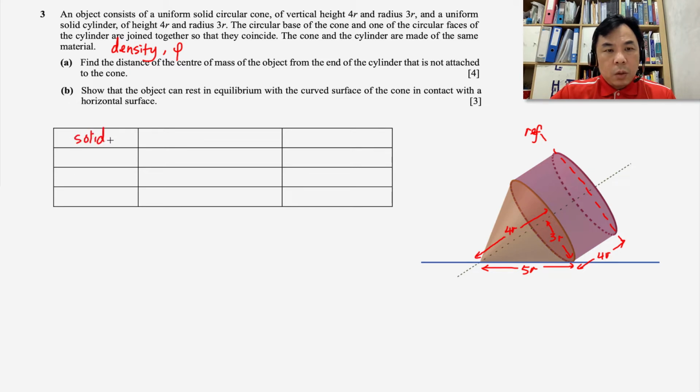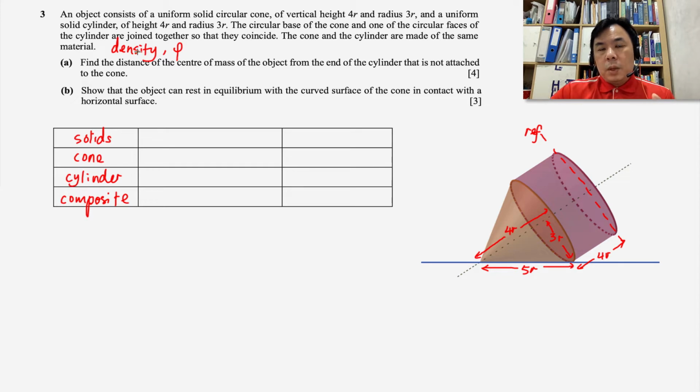So what are the solids that we have? We have first of all the cone. Okay, we do have the cylinder, so we're gonna write it down here. And then finally we have the combined object, or here I just call it a composite object or composite solids.